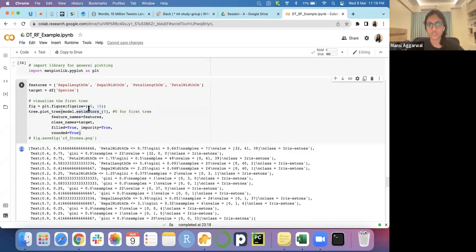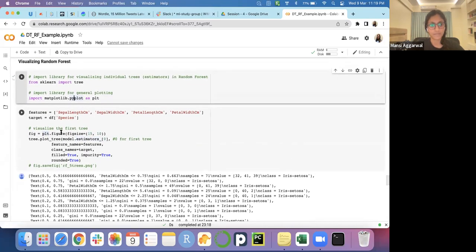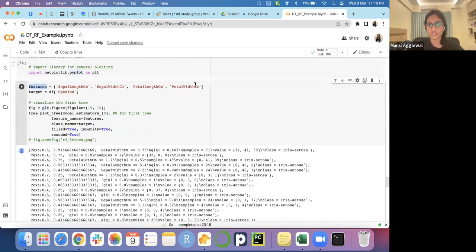This is just the figure size for the plot, plt.figure, and plt is matplotlib here. We are saving all the features in this particular list, and the target is this column, all the species.